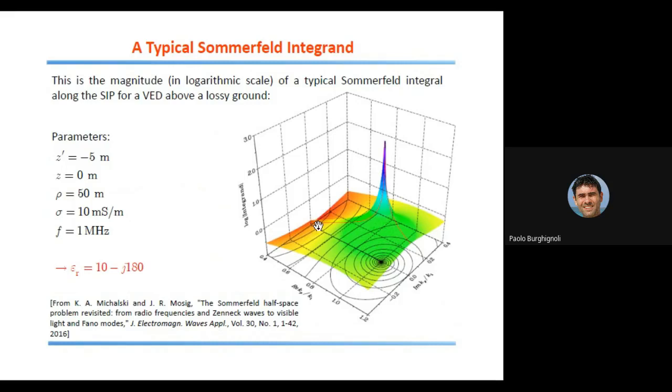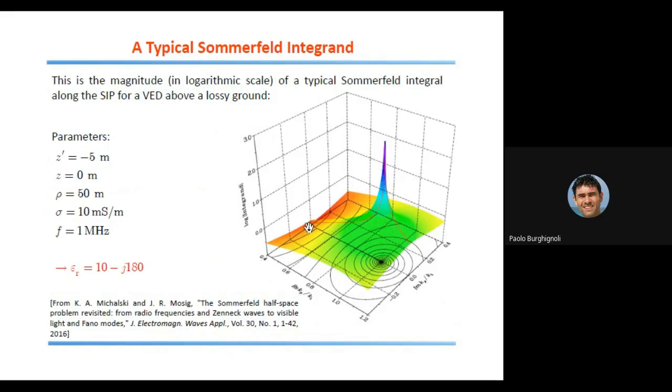Here you can see the shape of the integrand as a red line with a very peaked behavior, so a spike. Note that the vertical axis is in a logarithmic scale. So there is a huge spike due to the closeness of the Sommerfeld pole to the real axis, where we need to calculate our Sommerfeld integrand.